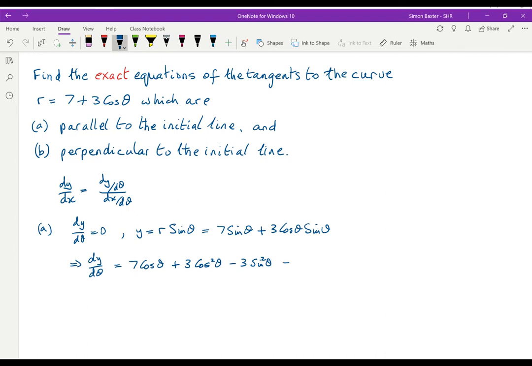We want to put this equal to 0. If we're going to solve that, we've got to remember that sine squared theta is 1 minus cos squared theta. Put all that together, 3 cos squared theta plus 3 cos squared theta is 6 cos squared theta plus 7 cos theta minus 3 is 0.